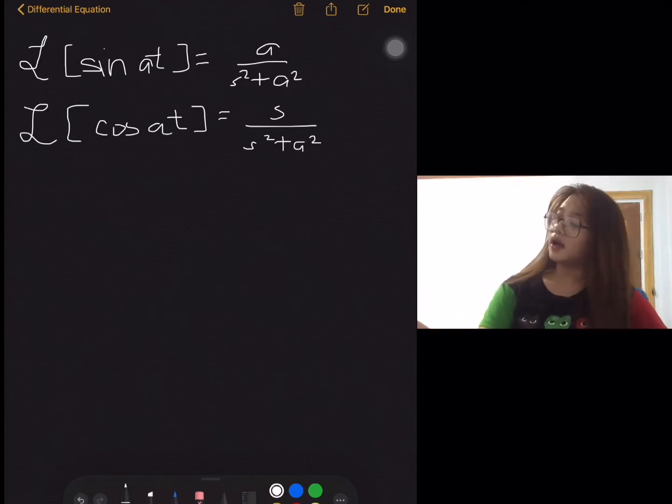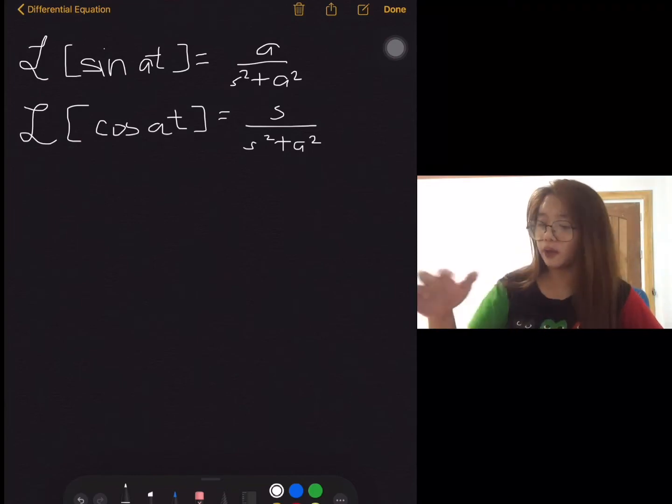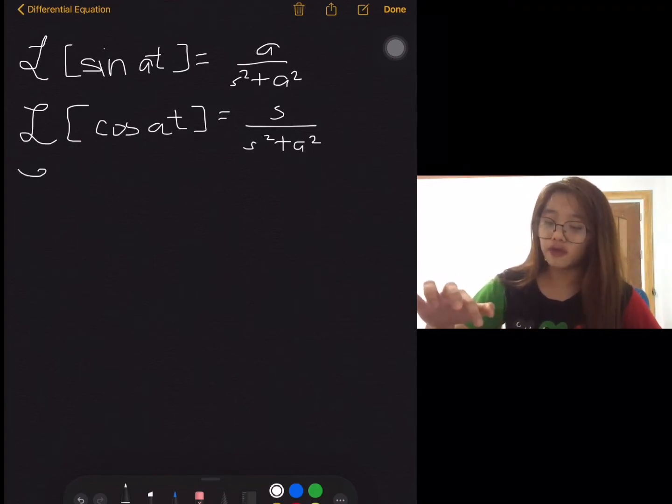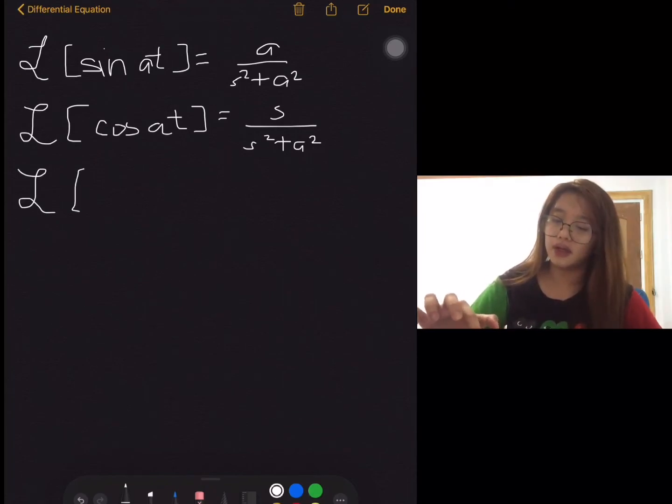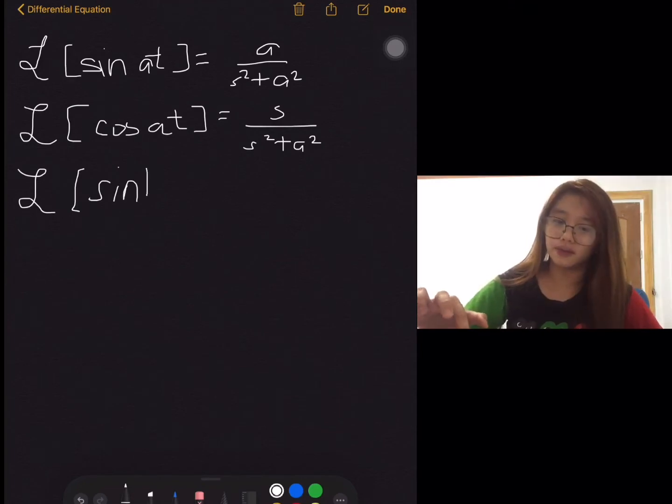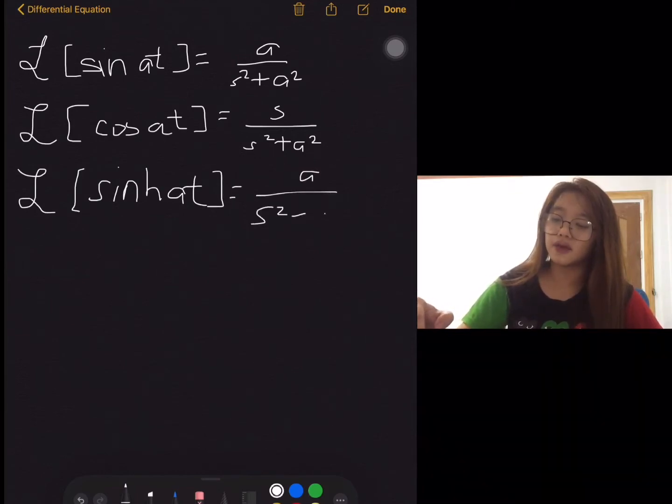Okay, now let me write the hyperbolic ones. The Laplace transform of hyperbolic sine, sinh at, is equal to a over s squared minus a squared.